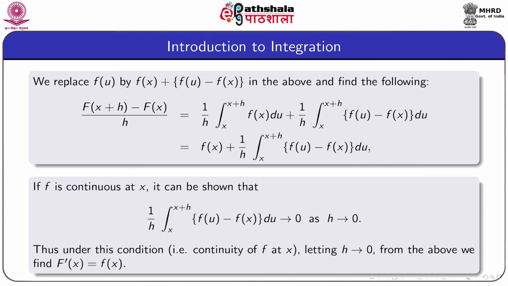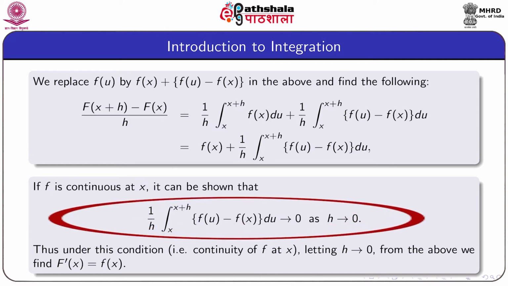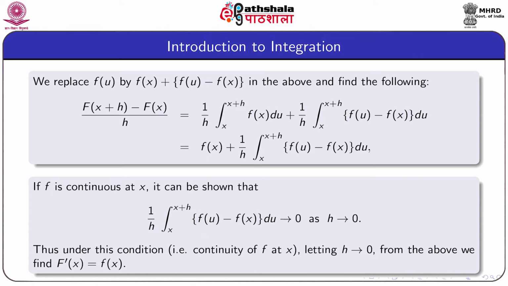Now, if the function small f is continuous at the point x, we can show that 1 by h integral x to x plus h f(u) minus f(x) du tends to 0 as h tends to 0. Thus, considering the condition of continuity of the function small f at x, letting h tend to 0, from the above relation we find that capital F dash x equals small f(x).